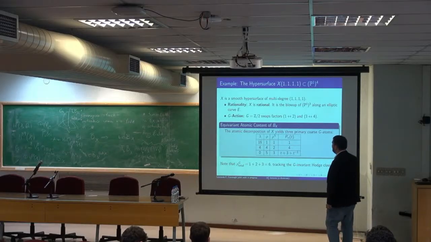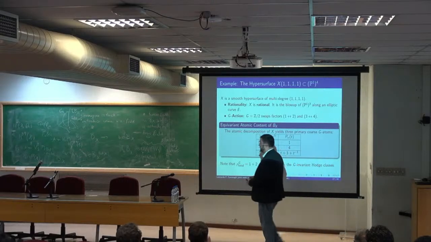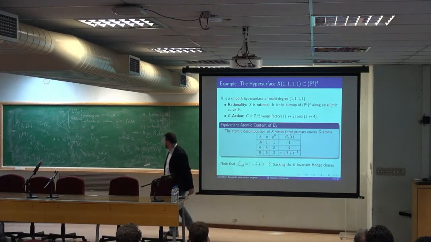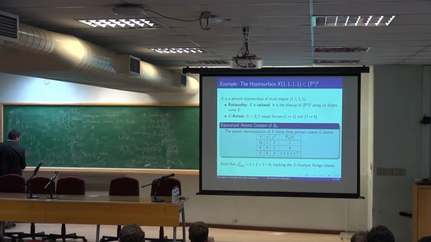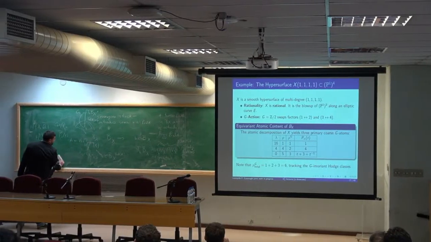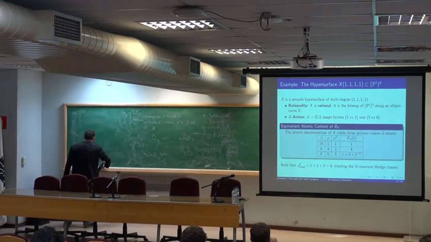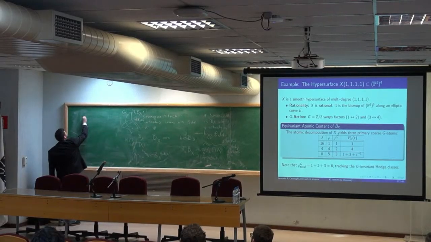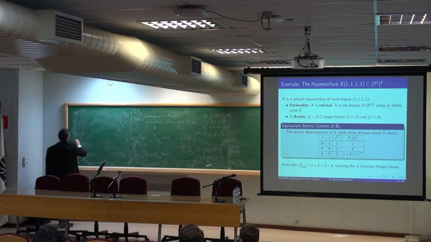And the way that you do this, you look at this complicated stuff. Then you remember the Hodge polynomial of this variety. So it's like 1, 4. I never put the zeros, sorry, it's contagious.